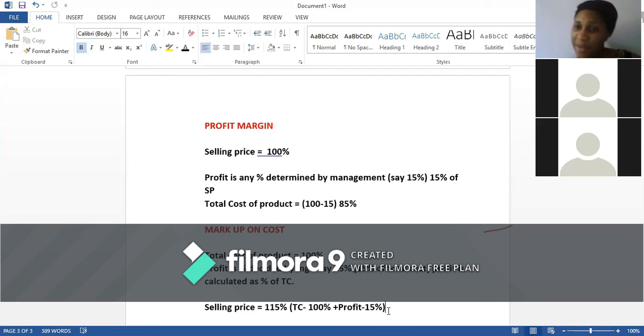So what are the different steps in job costing? When a customer comes in, we take what that customer wants, the kind of product, and how the customer wants it designed. We take all of those specifications into consideration and record them in what is called a job card. A job card is a document, and it can even be an Excel sheet.